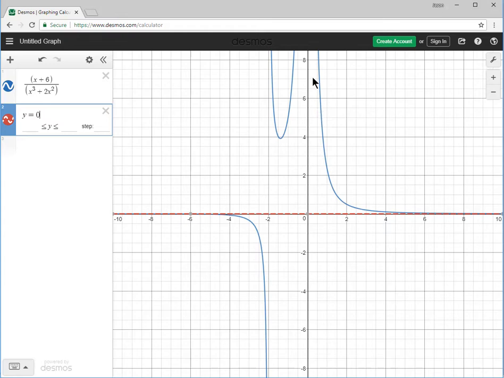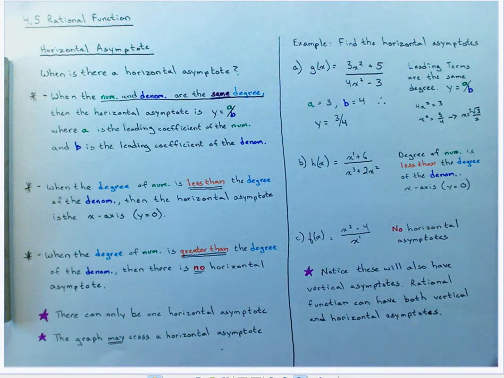You can look at this though and say, okay, I know I'm going to have some vertical asymptotes in here. Okay, for this, it's just a matter of looking at the degrees. If the degree of the numerator is less than the degree of the denominator, then we'll have a horizontal asymptote of y equals 0.